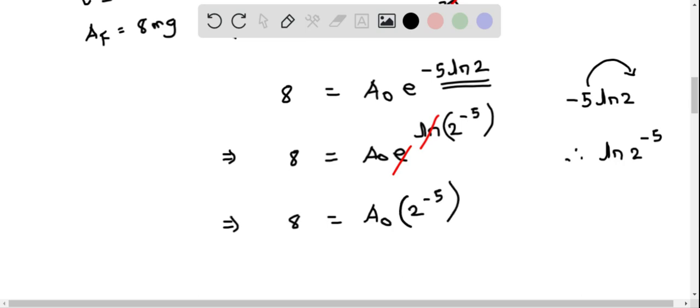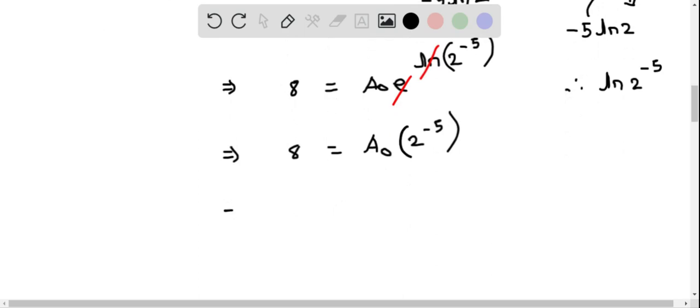Now we can determine A naught from this equation. We can write this as A naught divided by 2 raised to the power of positive 5.